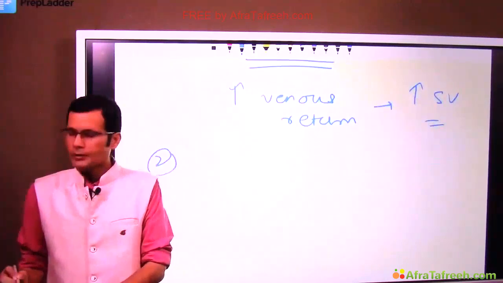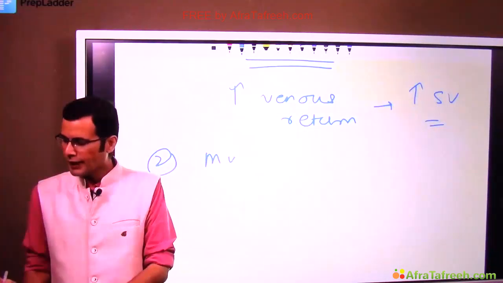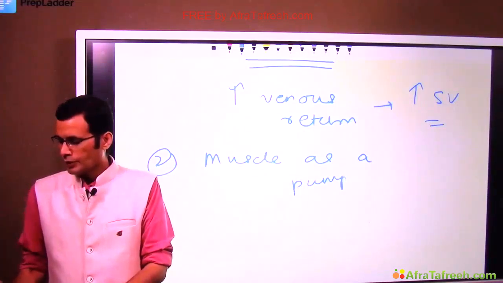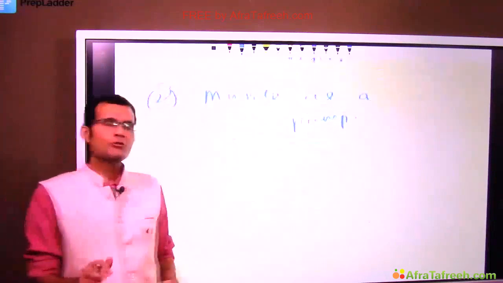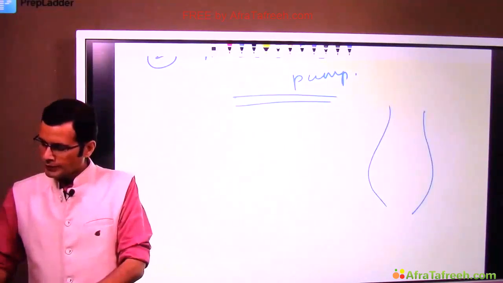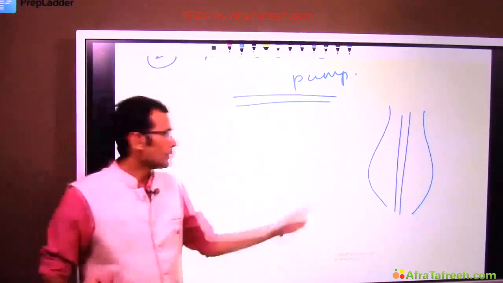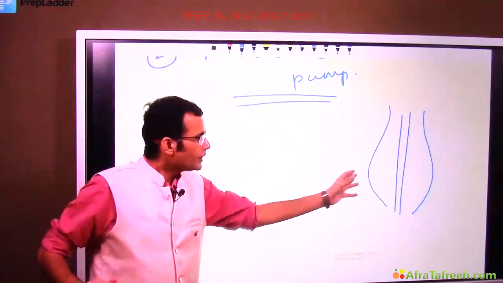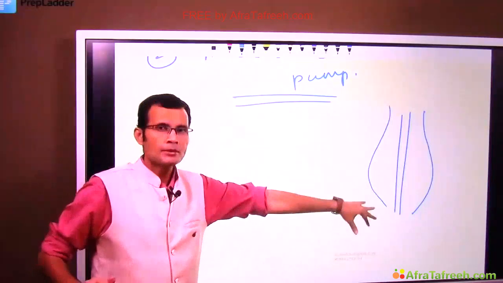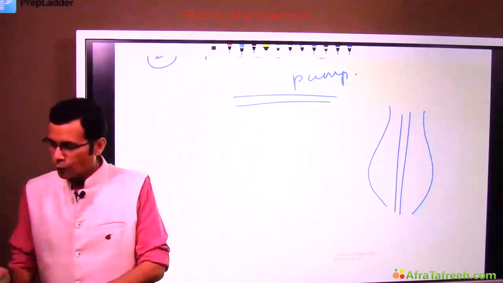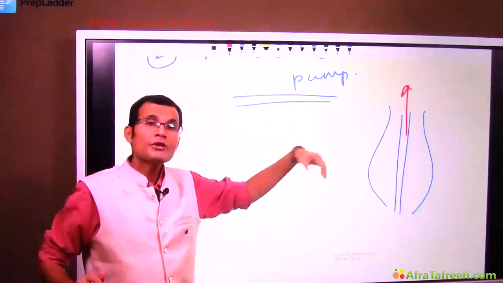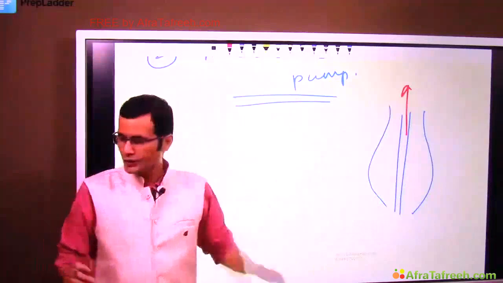Apart from that, muscle activity as a pump. You know, particularly when you are performing muscular exercise, muscle acts like a pump, and it squeezes those blood vessels or pumps those blood vessels within the muscle. That means what? That means the blood going out of the muscle and returning to the heart will increase.